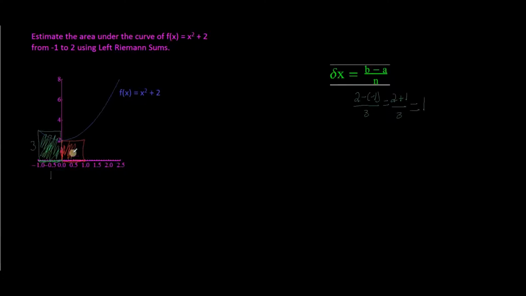So this guy is our second rectangle. And again, the width here is 1. Well, and our height is, what is the value at 0? The function evaluated at 0 is just 0 plus 2, or 2. So then the height here is 2.